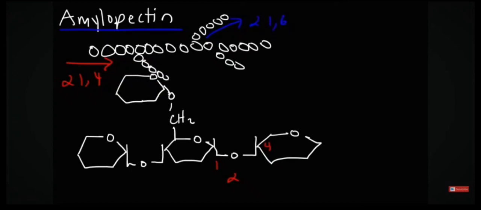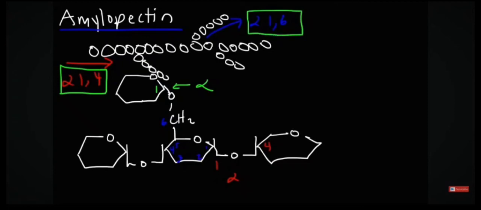Now the branches of the chain part of amylopectin have an alpha 1,6 glycosidic bond. So 1 to 6, yes, that's right. Now, amylopectin contains two types of glycosidic bond. The alpha 1,4 is responsible for the straight chain, and the alpha 1,6 is responsible for the branches that we see.